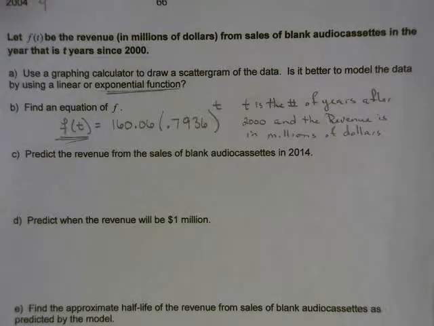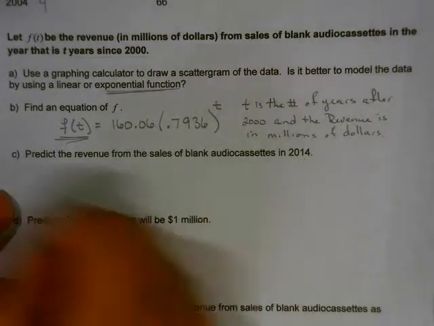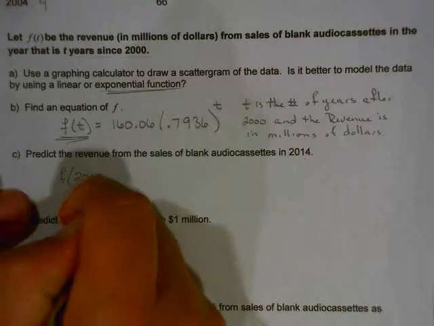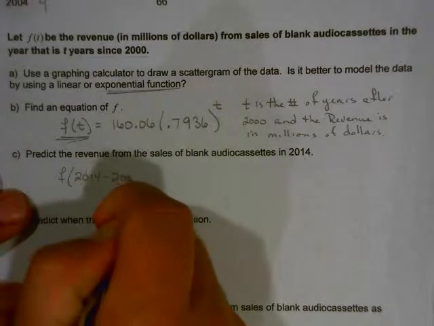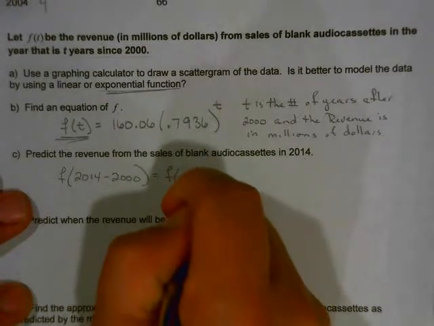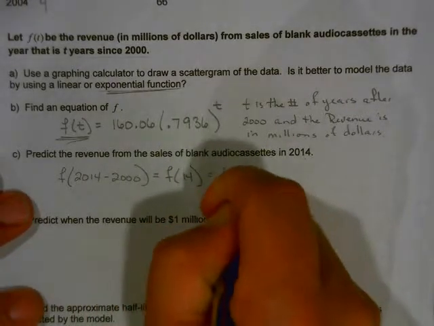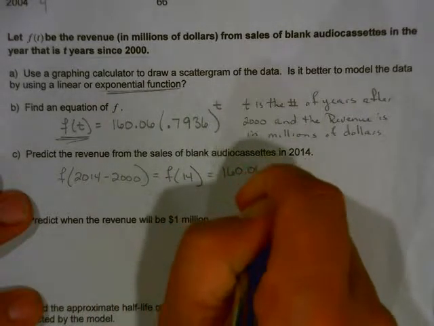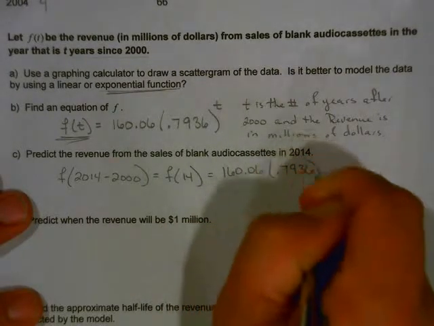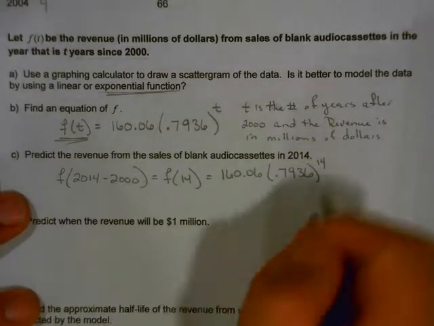So if it's predicting the revenue in 2014, well, that's going to be f of 2014 minus our start 2000, which is really f of 14, which equals 160.06 times 0.7936 to the 14th.